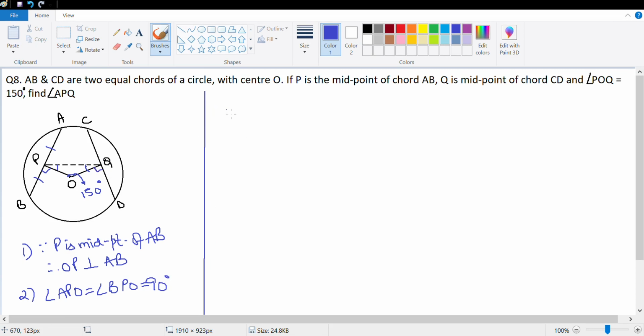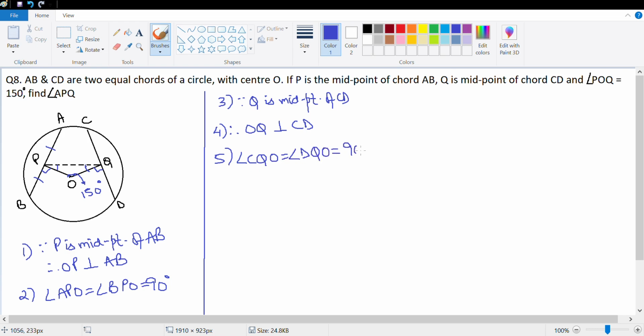Let's just write that. Number 3, since Q is midpoint of CD, therefore OQ is perpendicular to CD, which means angle CQO is equal to angle DQO is equal to 90 degree.